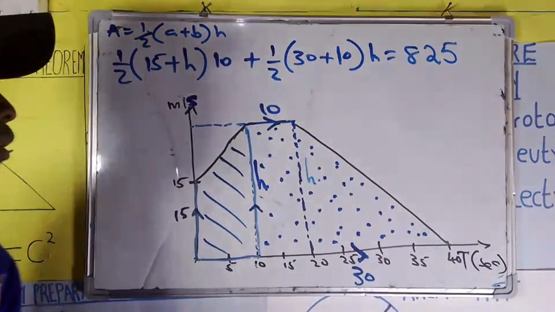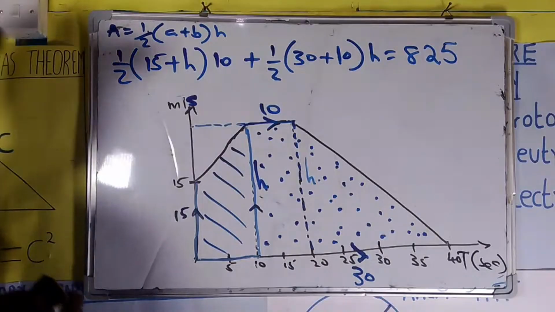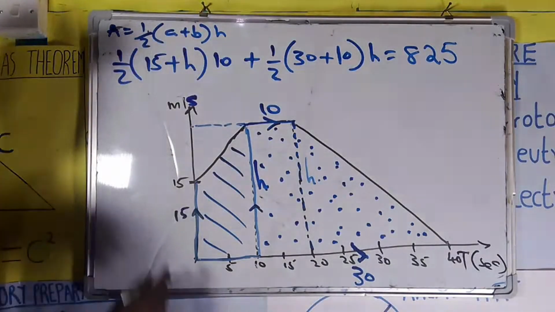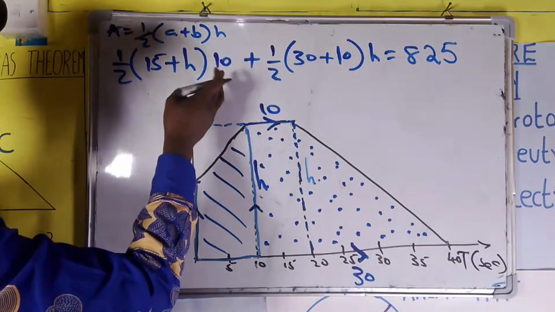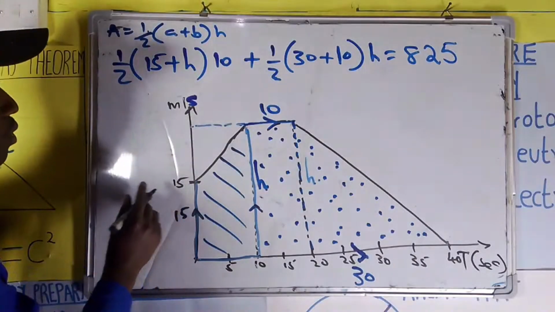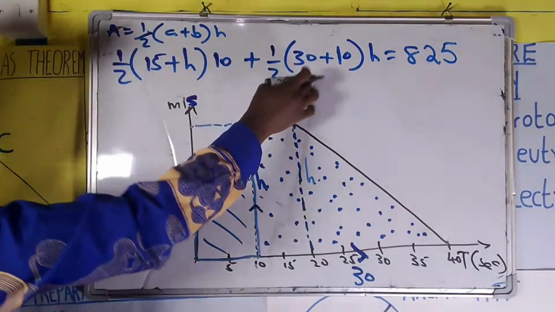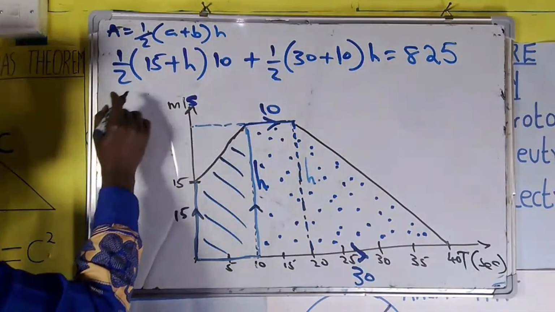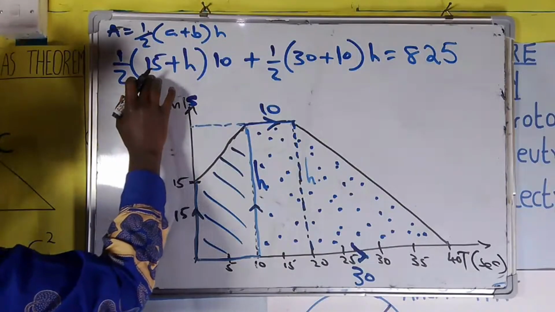So how do we go about determining h? We will work it out. We can start from any side. We can start from this side, then we open with a half. Our space is small, so let's work here. We multiply 10 times 15, it will be 150, plus 10h.